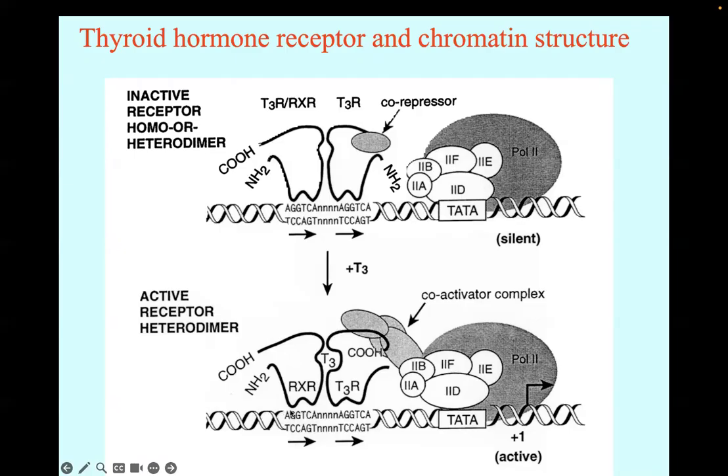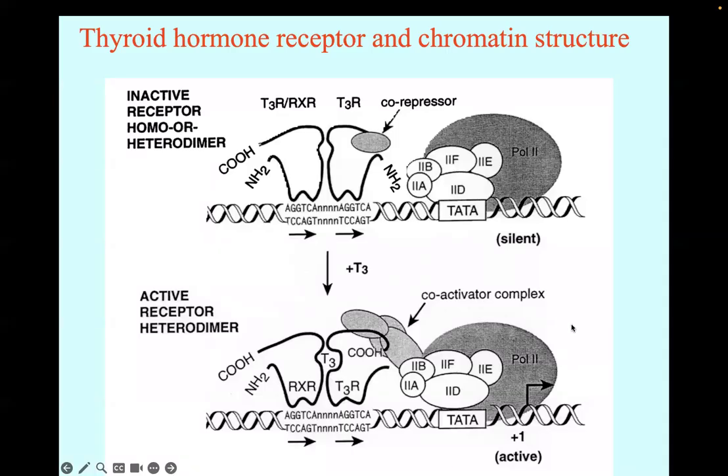Do it yourself. Read it left to right, and then go to the other strand and go right to left. And you'll see they're different. That's because these two are different subunits. One is the retinoic acid receptor, the other one is the T3 receptor. They associate with T3 bound to the complex.